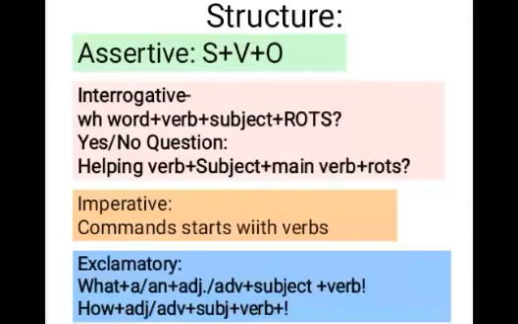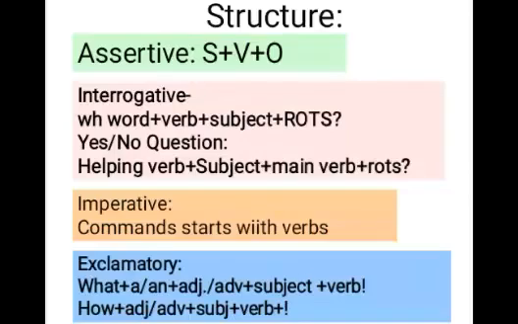The structure of interrogative sentences: first, WH question, WH word plus verb plus subject plus rest of the sentence and question mark. The structure of yes/no question is helping verb will come first, then subject, main verb, and rest of the sentence and question mark at the end.